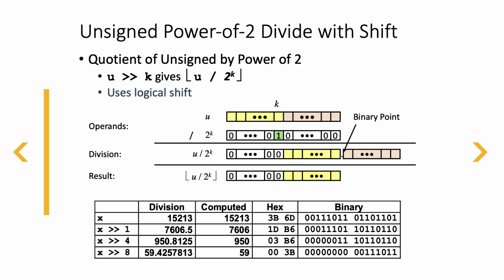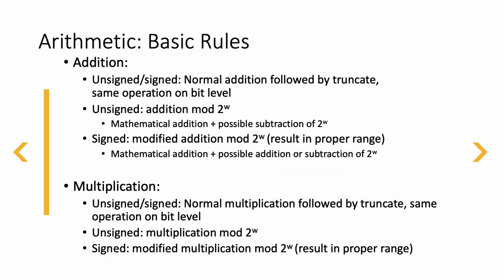So let's summarize and take a look at the basic rules that we always want to keep in mind when we're dealing with arithmetic and integers. For addition, unsigned or signed, normal addition is followed by a truncation, right? The same operation on the bit level. So you just add and then truncate that carry bit. For unsigned, addition is a mod 2 to the w, right?